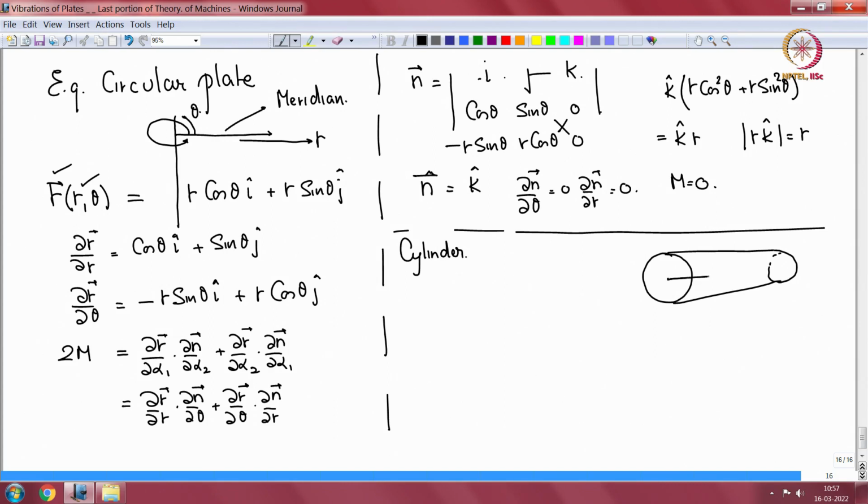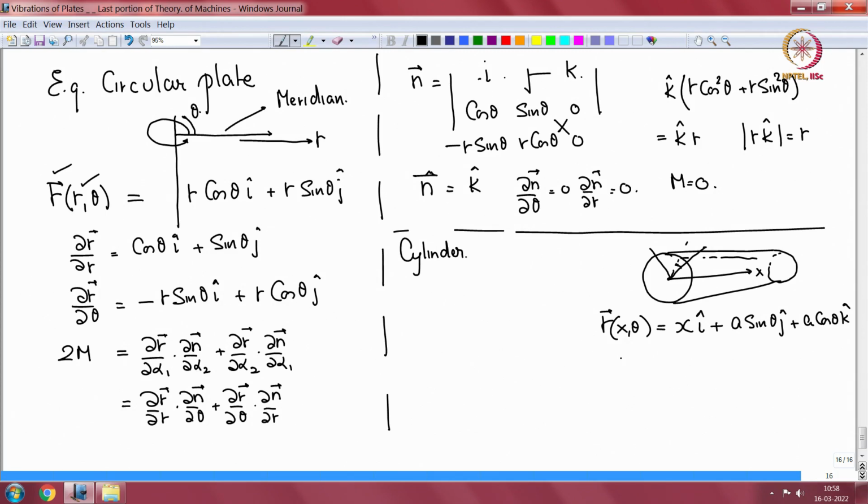I took the axis as x, then I have a y, and then I have a z, and I am looking at a point here, and theta is measured from z, so that my r of x comma theta was equal to x i hat plus a sin theta j plus a cos theta k.